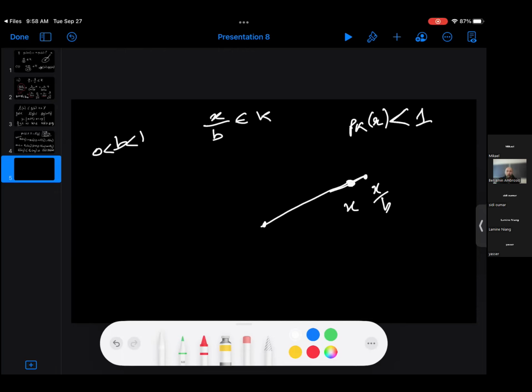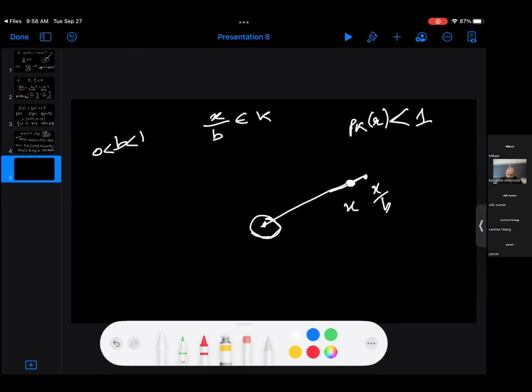Okay, the point is what now? We know that 0 is interior to k. So for some epsilon, you have here, it's clearly a ball, even if I didn't define it. But from the definition of an interior point, you have here some set which belongs to k.